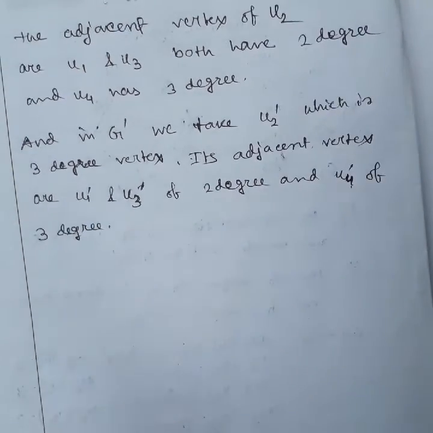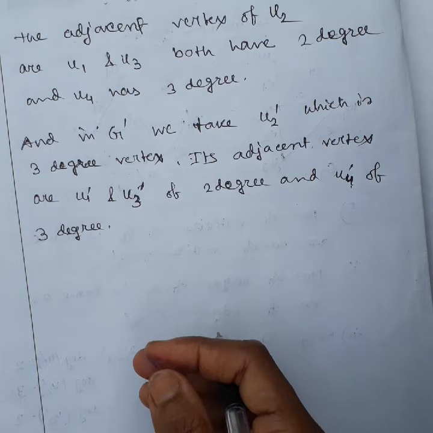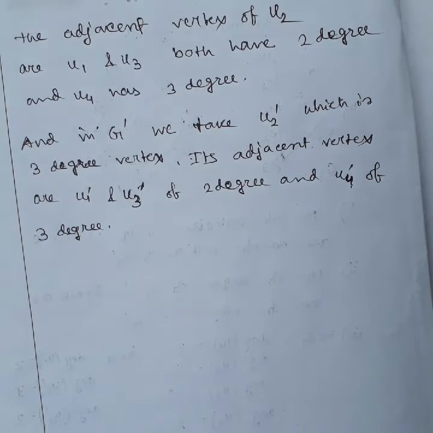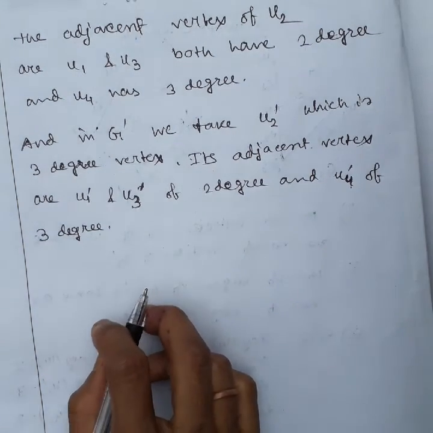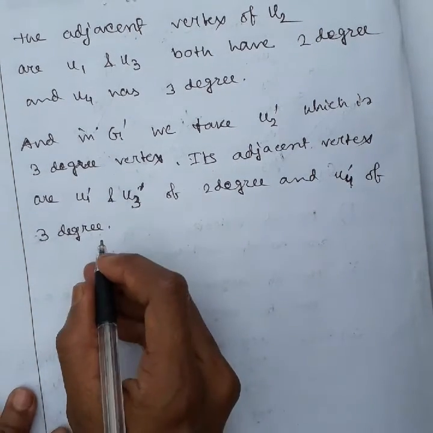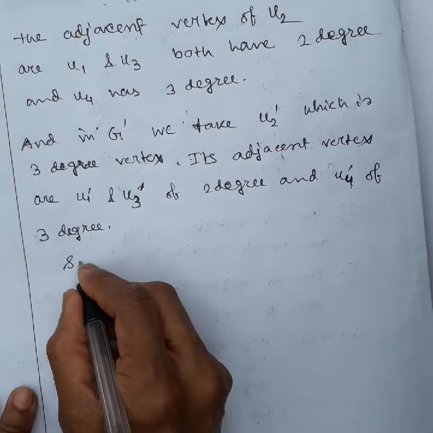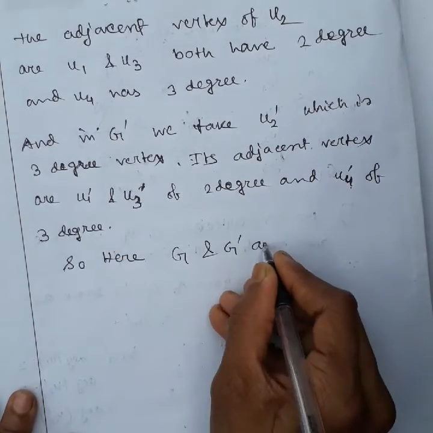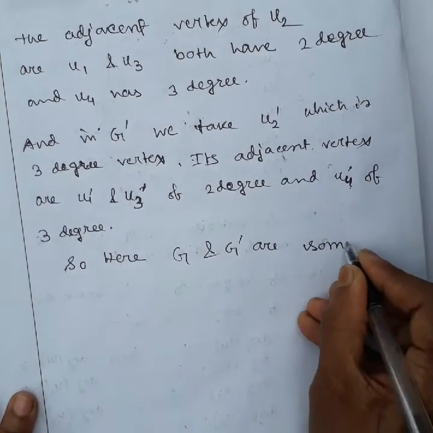Okay, so the incidence relationship between vertex and edge in G and G dashed is the same. Okay, so here G and G dashed are isomorphic.